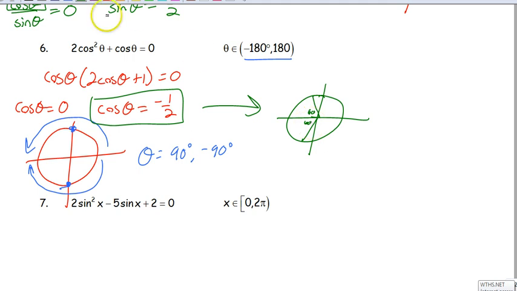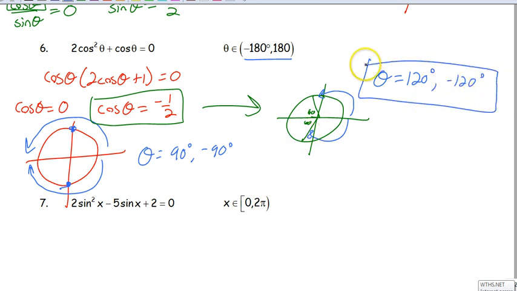So figure out, again, where we're at. Go from here to here, and go from here to here. That's what this interval is telling us to do. Name the angles that way. So we have 90 plus 30 is 120. So theta equals 120 degrees. And it's the same thing the other way. If you go negative, it's negative 120. And those are all your final answers. We have these 4 answers for this problem.